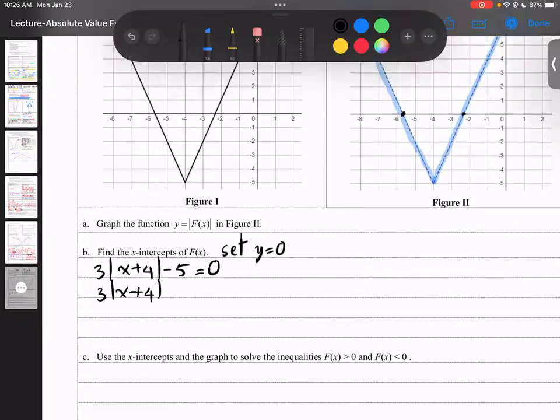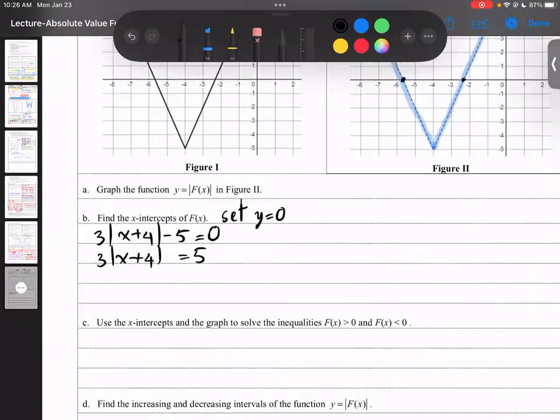Add 5 first, divide both sides by 3. Now you have a positive case and a negative case like we always do. X plus 4 equals 5/3, which implies x equals negative 4 plus 5/3. 5/3 minus 12/3 is negative 7 over 3.